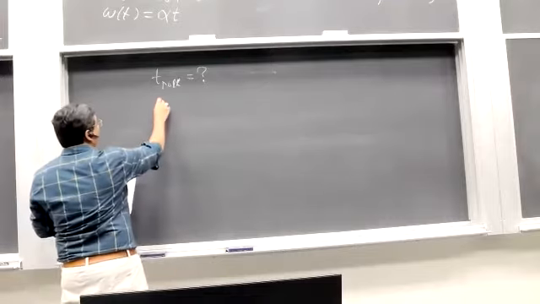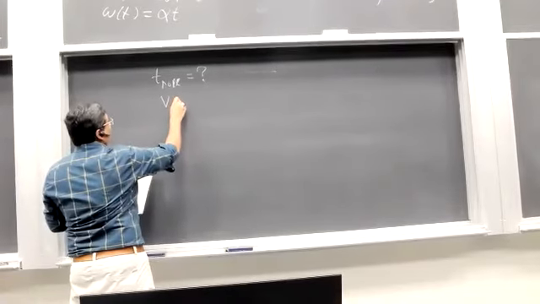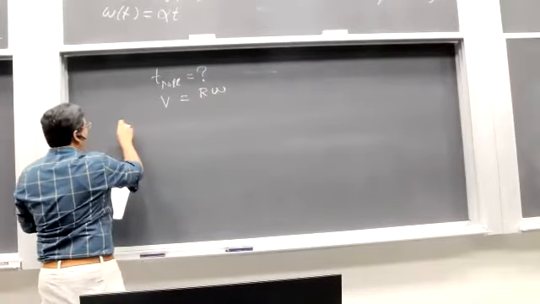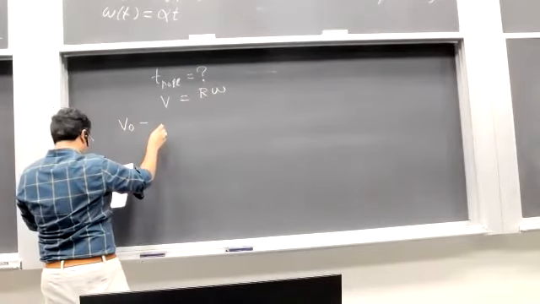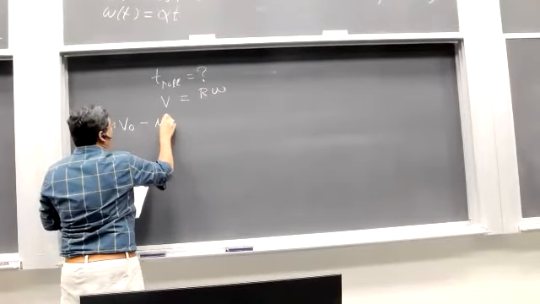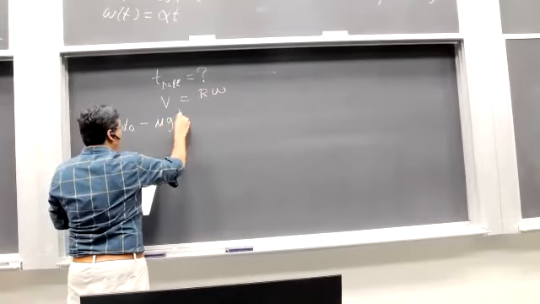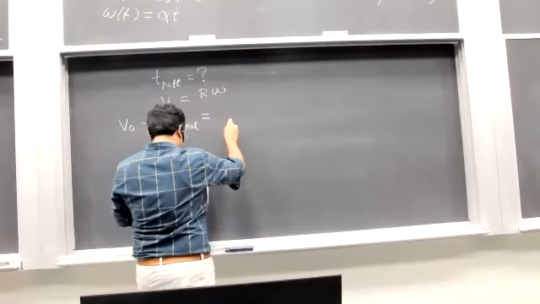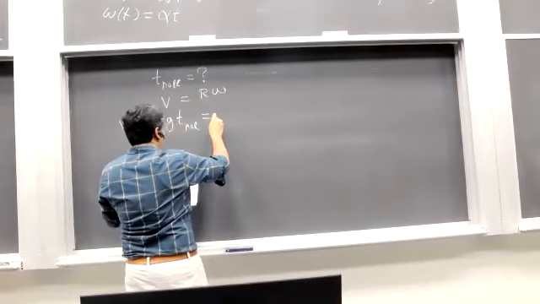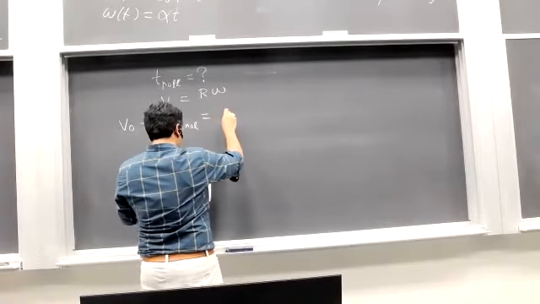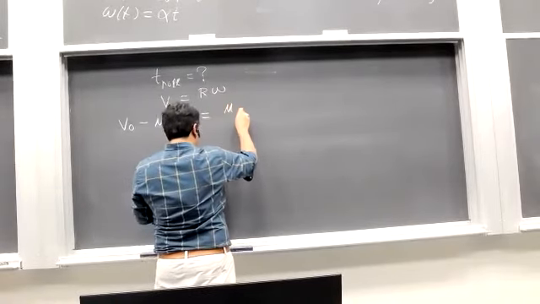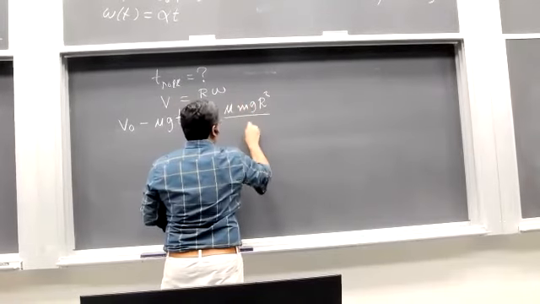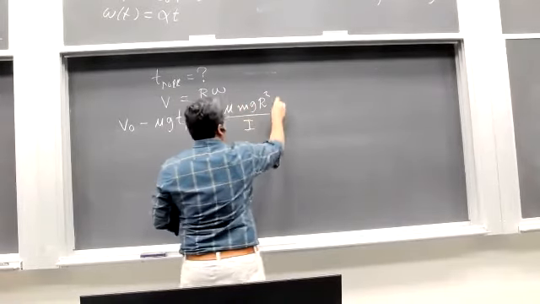That is when you equate v equal to r omega, and we know that the expression for v is v naught minus mu g t, which at t roll equals r omega, which is simply mu m g r squared over I times t, right?